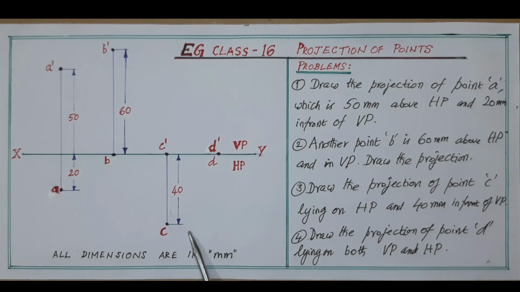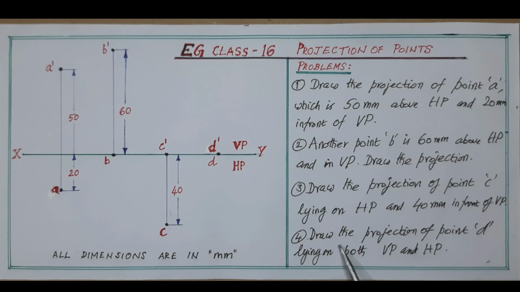So it is 40 millimeter below the XY line, as shown here as C. Now mark the dimensions as C dash and C.